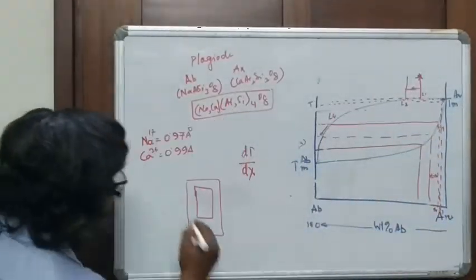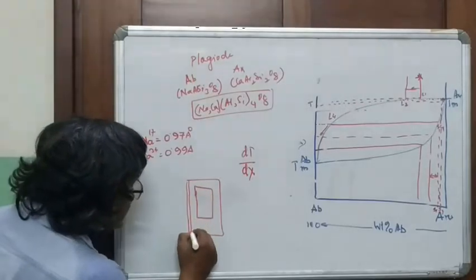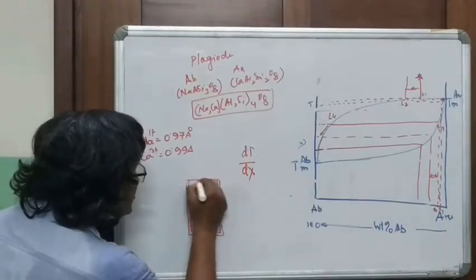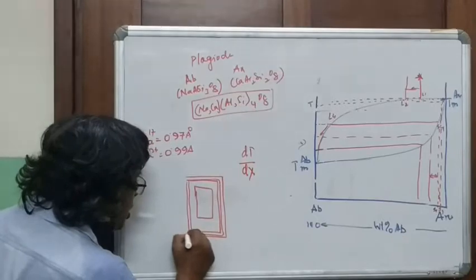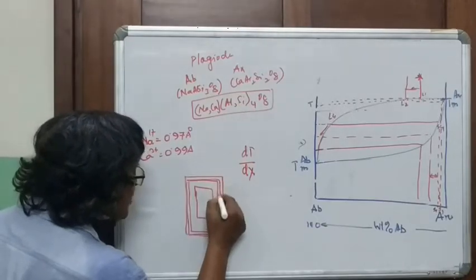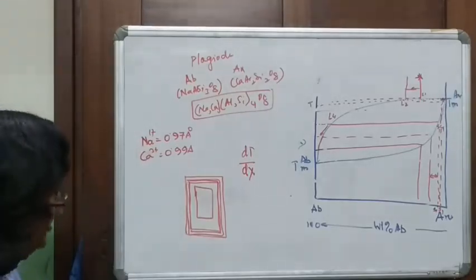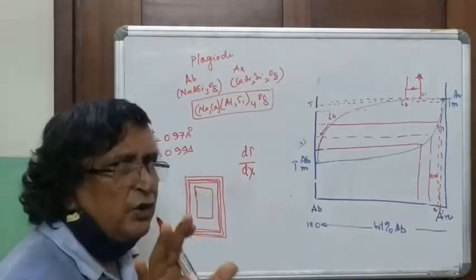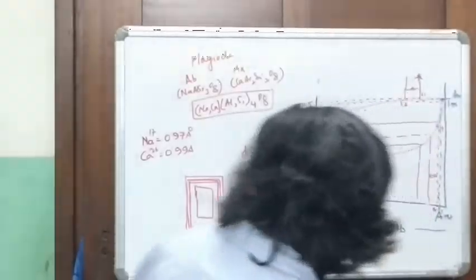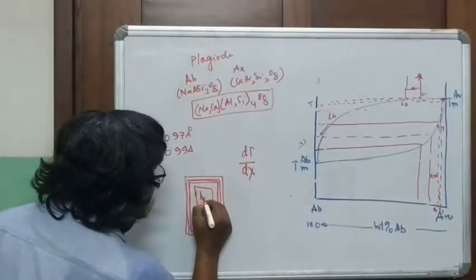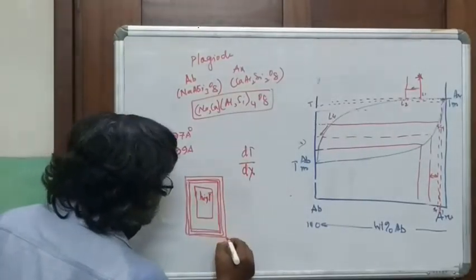That is why in the plagioclase you see at the margins much stronger, prominent zoning patterns. Very prominent zoning patterns at the margin, but very little zoning at the central part. This is high temperature and this is low temperature.